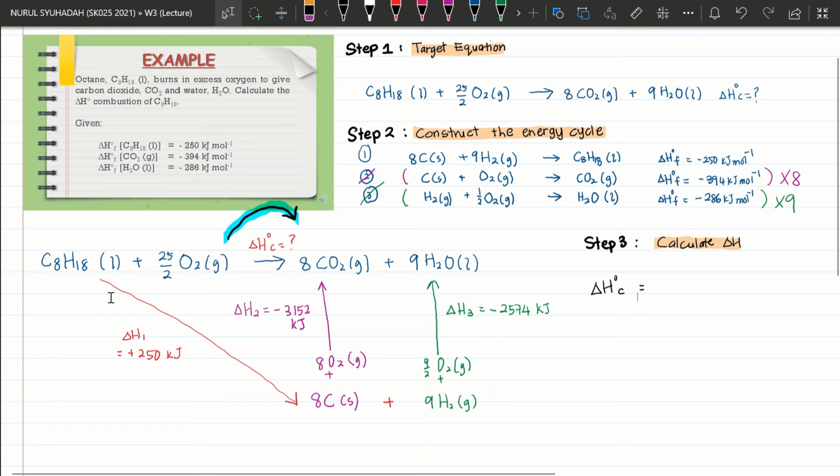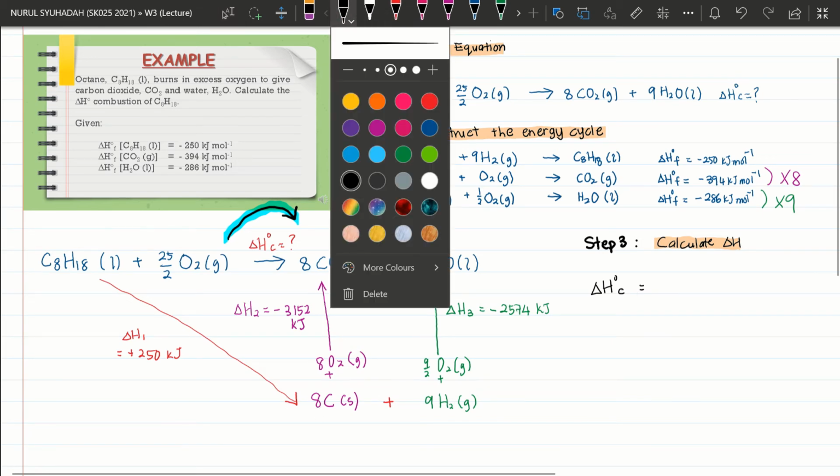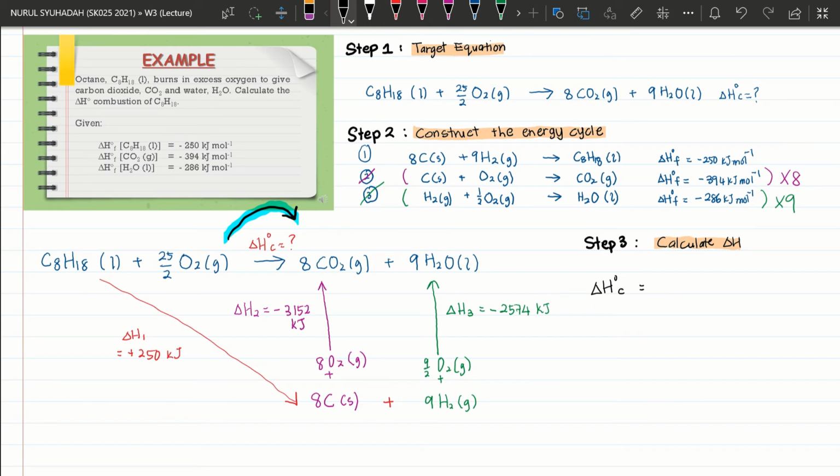Next, the other arrows over here. If you look at the direction, all of them, delta H1, delta H2, and delta H3, follow the same direction, which is anti-clockwise.